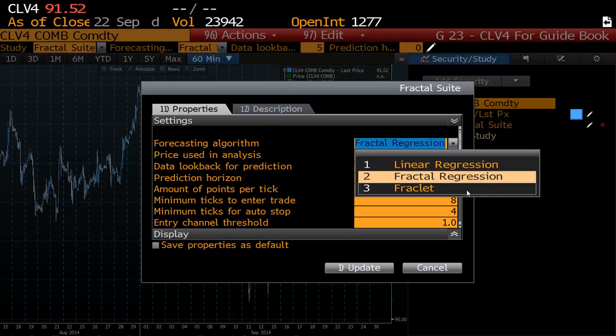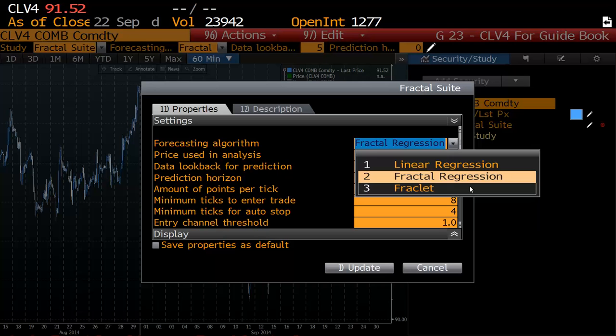Number three is the fractlet, which derives its name from wavelets, but we're using fractals instead of wavelets, which is a mathematical construct. The fractlet is probably the most powerful predictor of the three, although different market conditions and volatility are going to change that from time to time. But most likely you'll find that the fractlet predictor is your most powerful predictor.